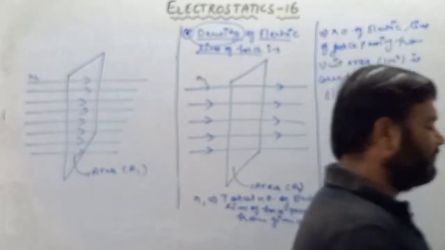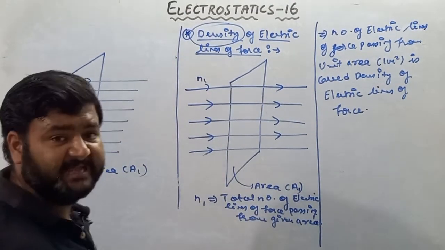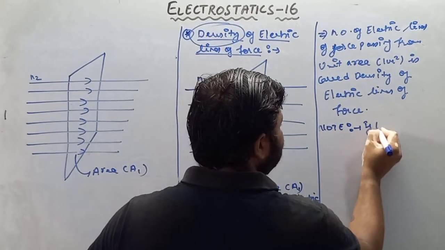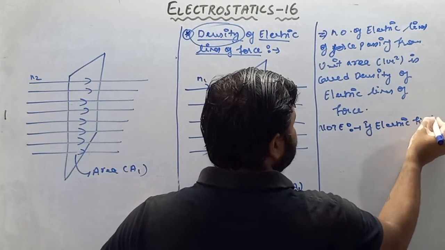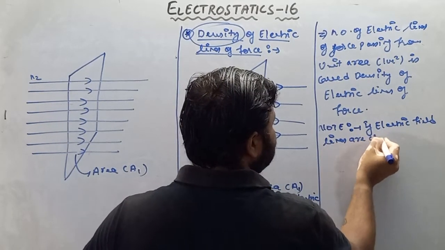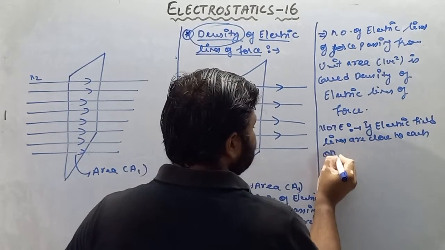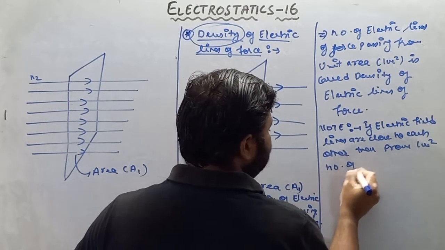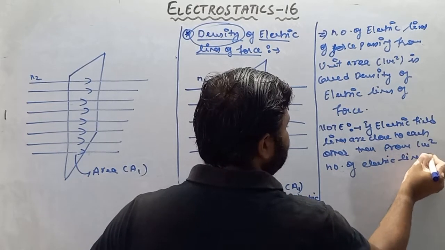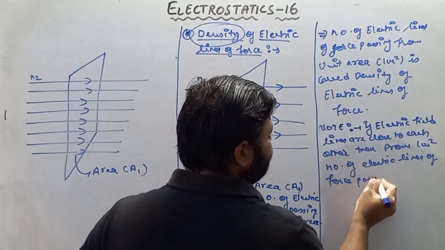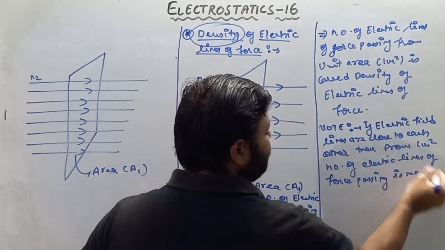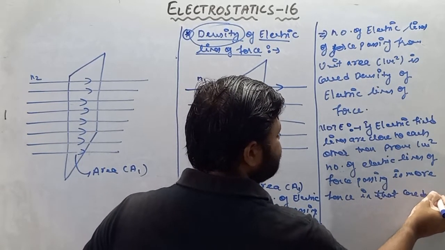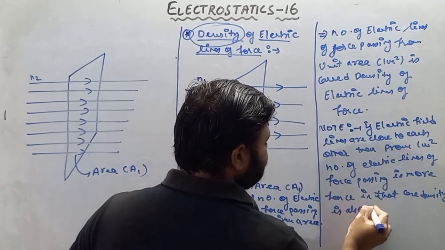So we'll write in the form of a note that if electric field lines are close to each other, then through 1 meter square the number of electric lines of force passing is more, hence in that case the density is also more.